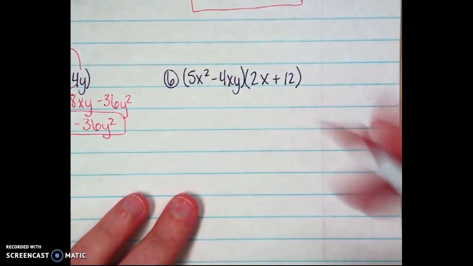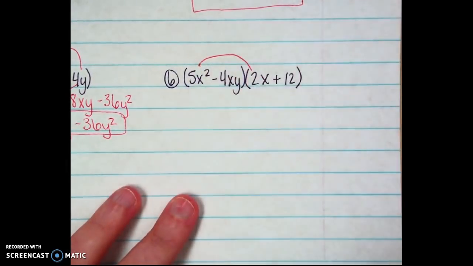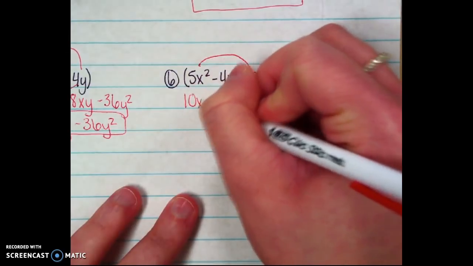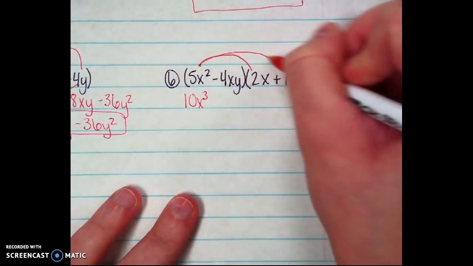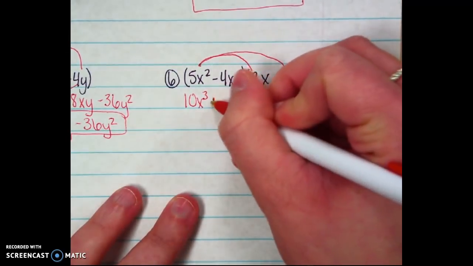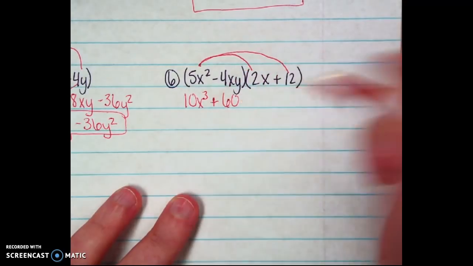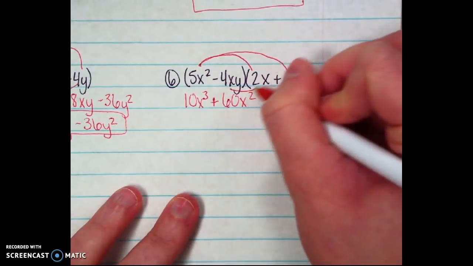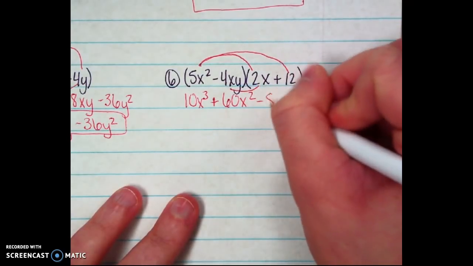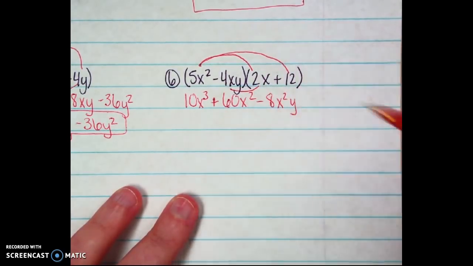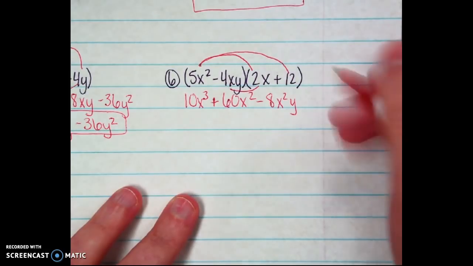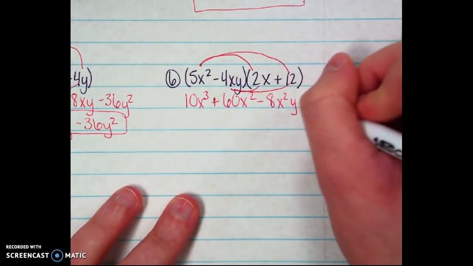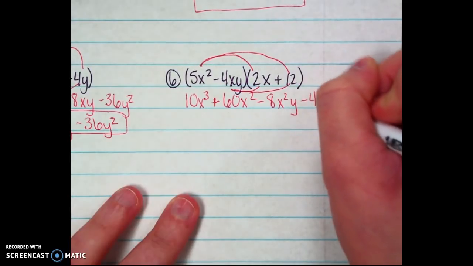5x squared times 2x is 10x cubed. 5x squared times 12 would be a positive 60x squared. Multiply these, I get negative 8x squared y. And then the last one would be negative 48xy.